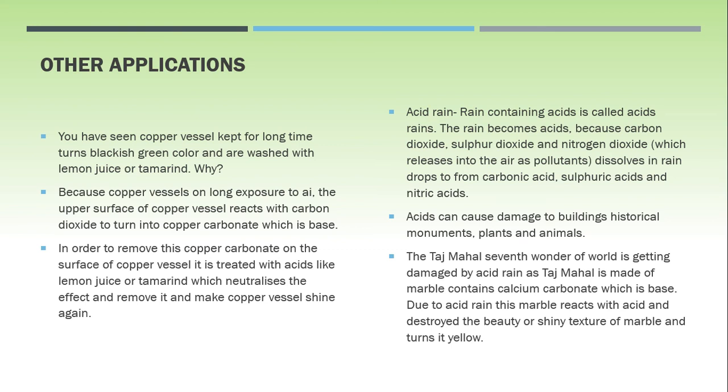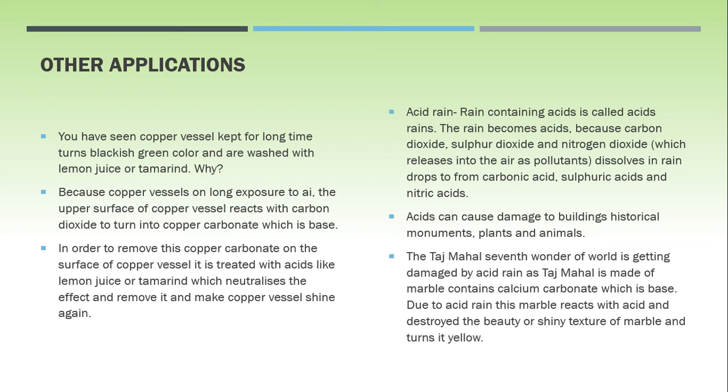The rain becomes acid because of the carbon dioxide, sulfur dioxide and nitrogen dioxide released into the air as pollutants. The pollutants released by the factories dissolve in rainwater and finally give us carbonic acid, sulfuric acid and nitric acid. And these acids are actually the result of acid rain.